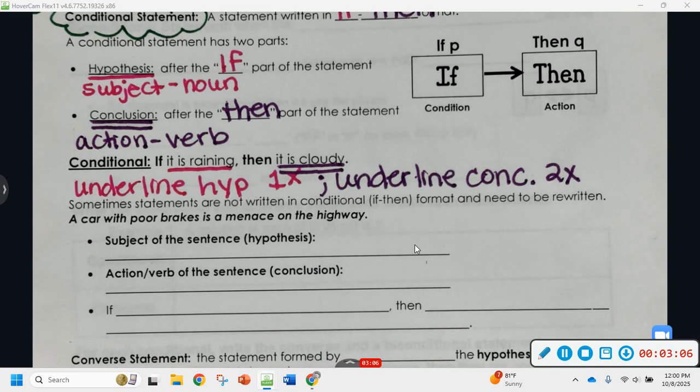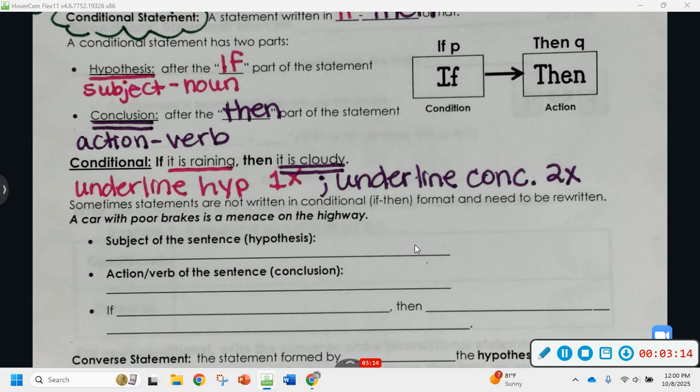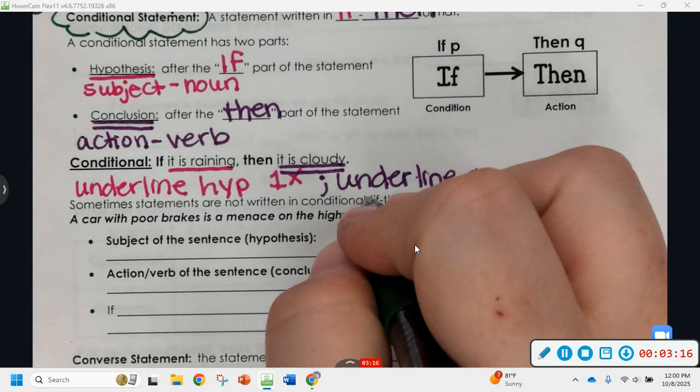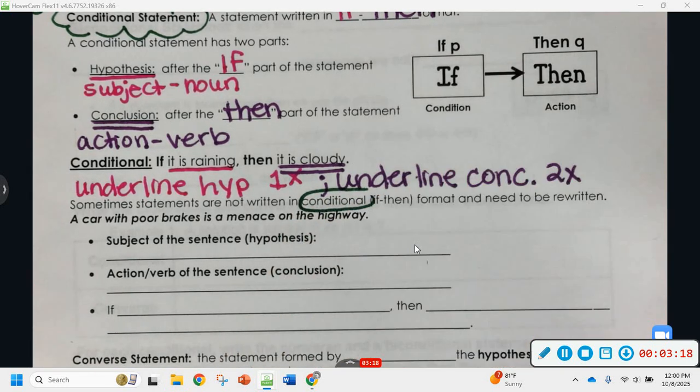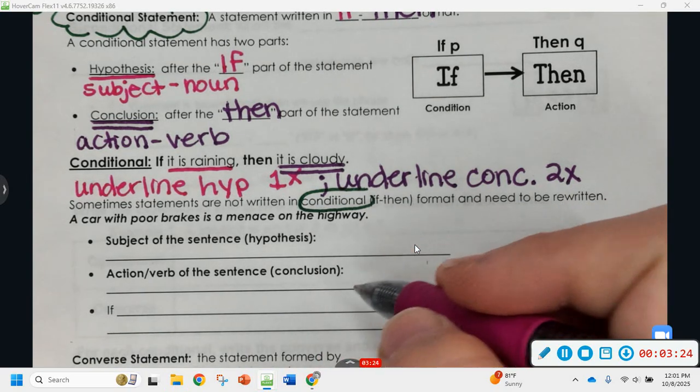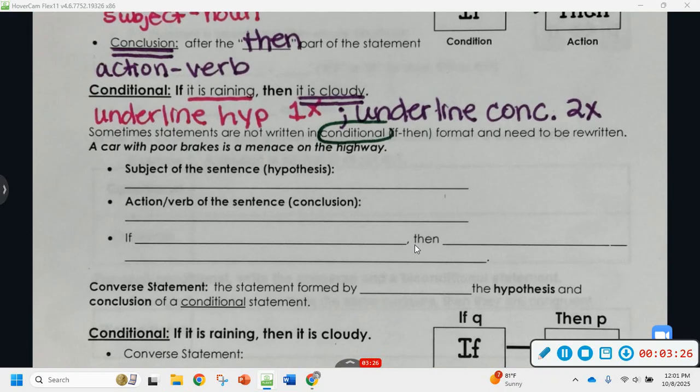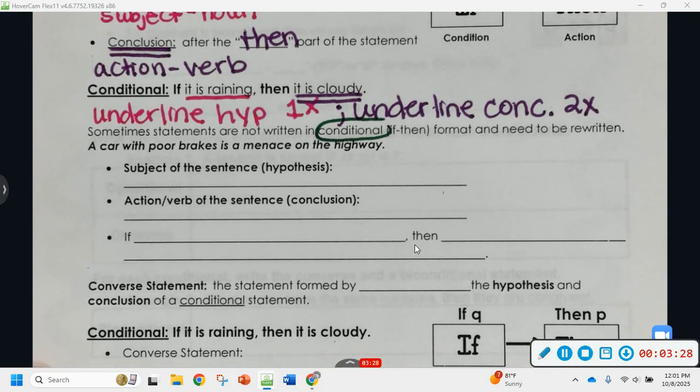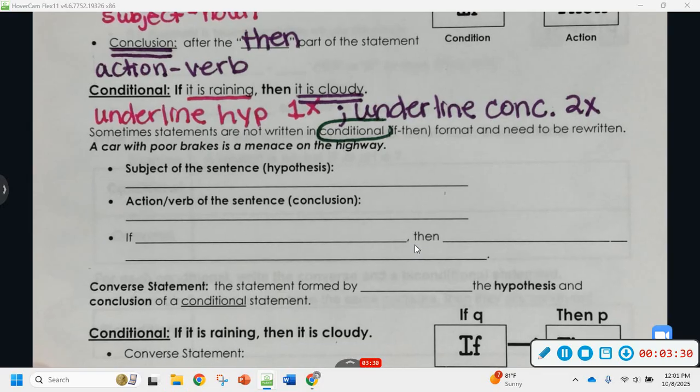So on this next one, we have a sentence, a car with poor brakes is a menace on a highway. And so we want to create this into a conditional statement, which is an if-then statement. And before we do that, I need to first identify what's considered the hypothesis and what's considered the conclusion. So the subject matter, what are we talking about?